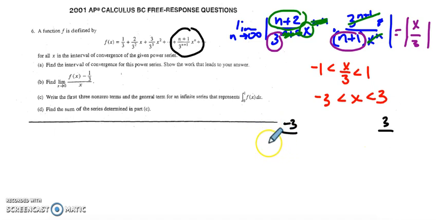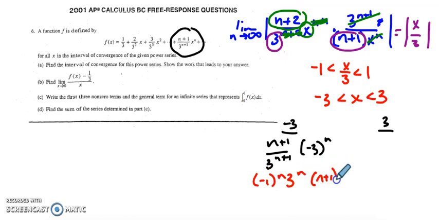So if I plug -3 in for x, I'm going to get n plus 1 over 3 raised to the n plus 1 times -3 to the n. Now, -3 to the n can be rewritten as -1 to the n times 3 to the n. So that enables us to simply cancel the 3 to the n over the 3 to the n plus 1.